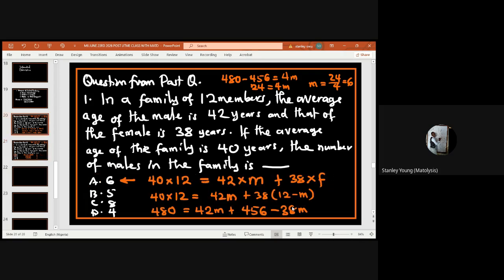That's if you don't want to use the method we used here, where you just said 40 times 12, which is the total age of the family, equals 42 times M, which is the total age of the boys, plus 38 times F, which is the total age of the female. So that's how to solve a question like that.